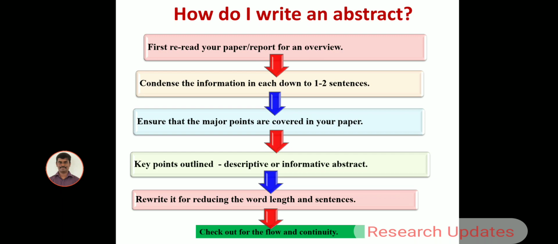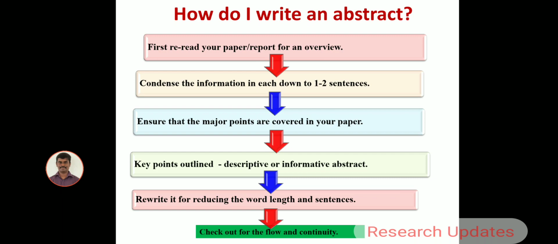How do I write an abstract? First, reread your paper or report for an overview. First, get an idea about your paper after you complete your research work. Then condense all the information that you have gathered into 1 or 2 sentences. Ensure that the major points are covered in your paper so that important points are not missed out.